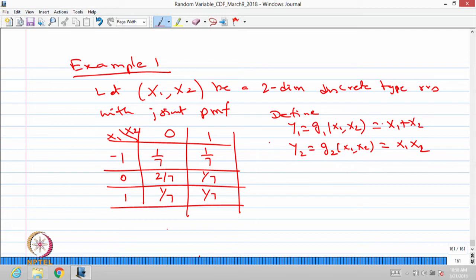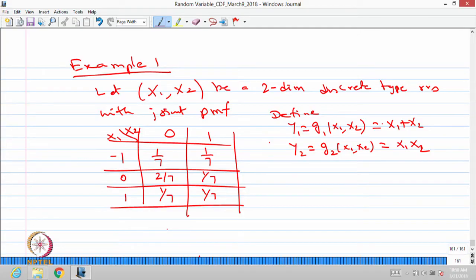Since x1 and x2 are discrete type random variables, y1 is x1 plus x2 and y2 is x1 into x2, y1 and y2 are discrete type random variables. Now our interest is to find the joint probability mass function of y1 comma y2.